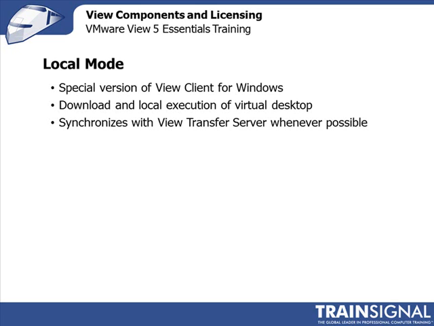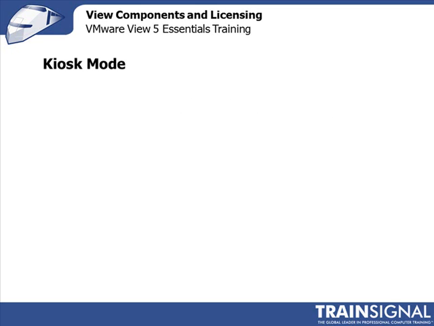So if you're checking out a 4 gig memory Windows 7 VM, and you're checking it out on an XP laptop with 1 gig of memory, that's not going to work, right? So do make sure you take a look at what your requirements are for the virtual desktop and make sure that it's at least equal or greater on the local desktop that you're going to be checking it out onto.